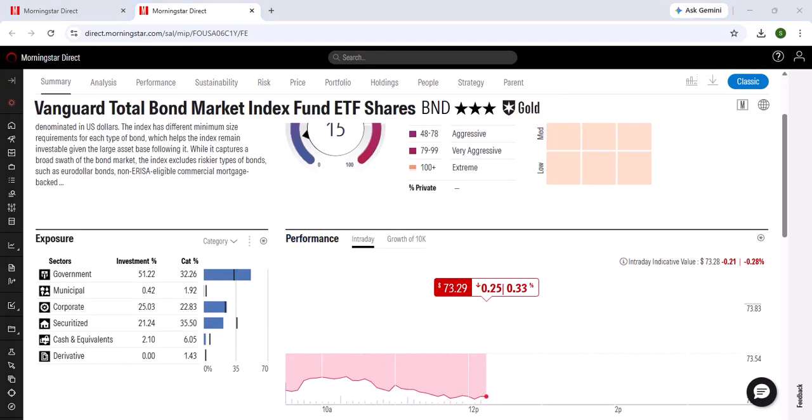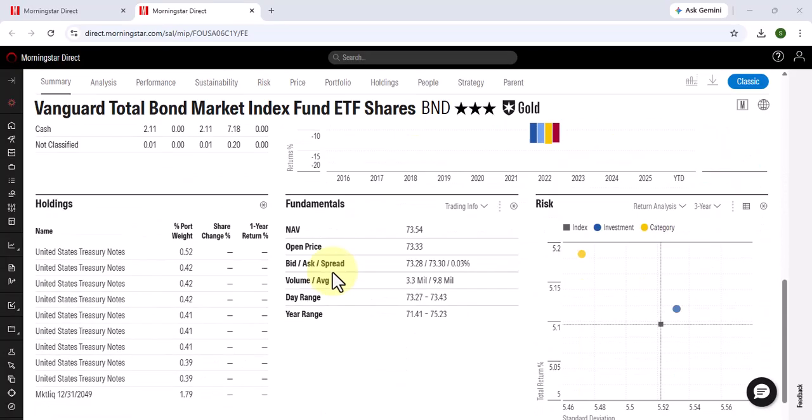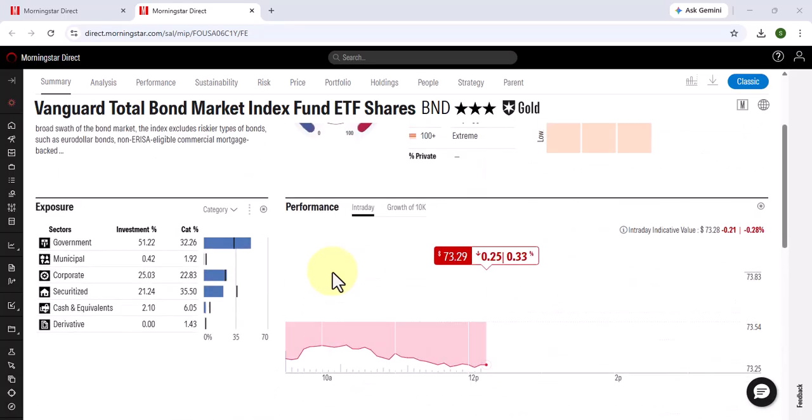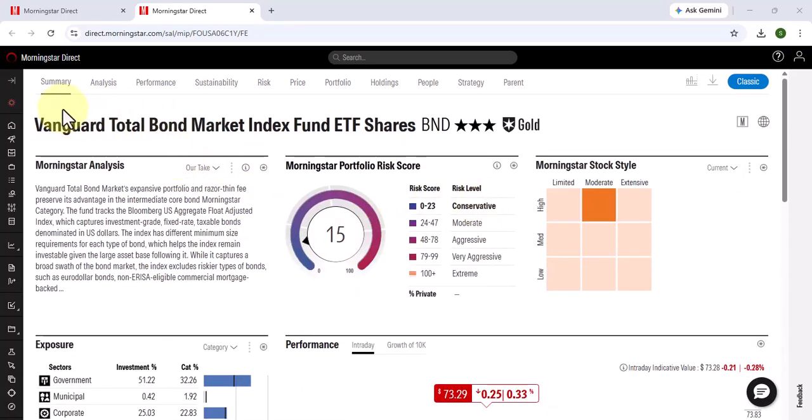The variable it didn't score as well on was that SEC yield, and it was a 4.27, which is just one basis point higher than the first one that we were looking at. So very, very similar fund to the first fund we were looking at.